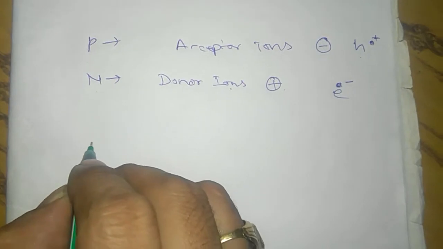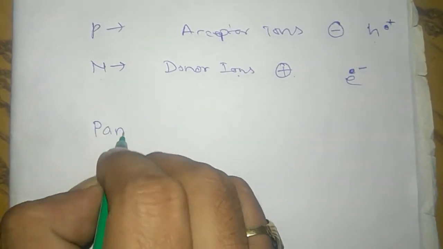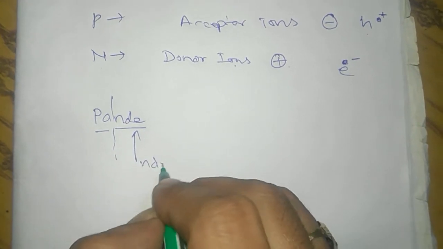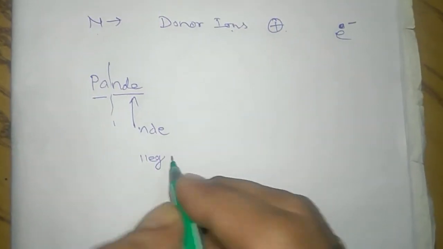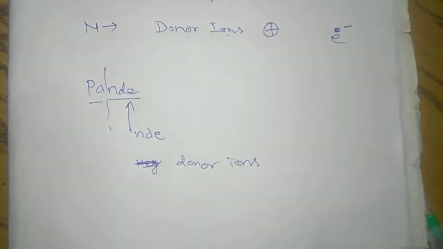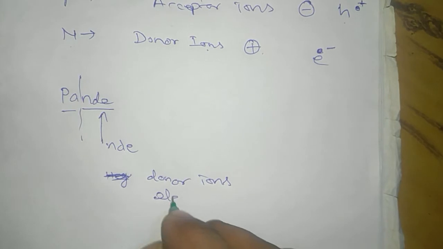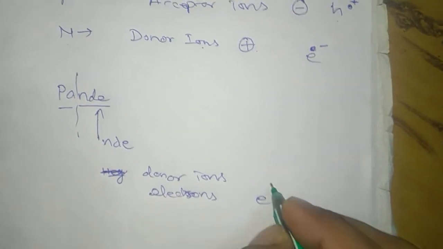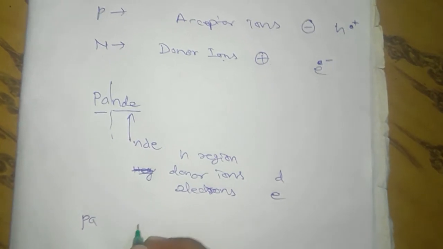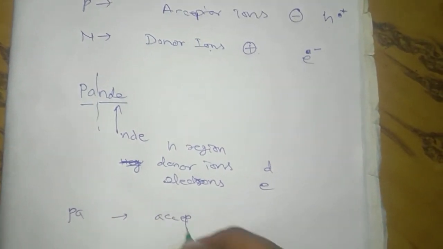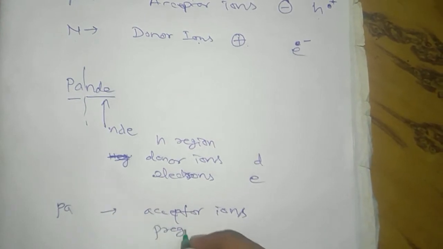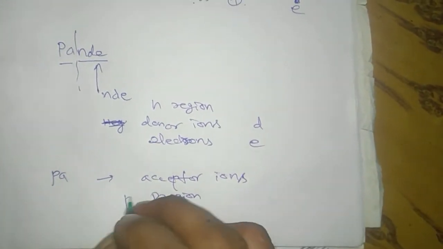We must remember the formula PNDE. PNDE means negative donor ions and electrons in the N region, and here PA means acceptor ions and holes in the P region.